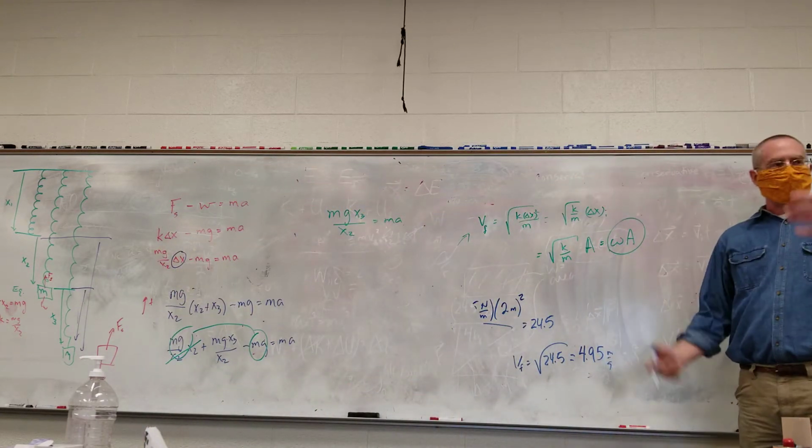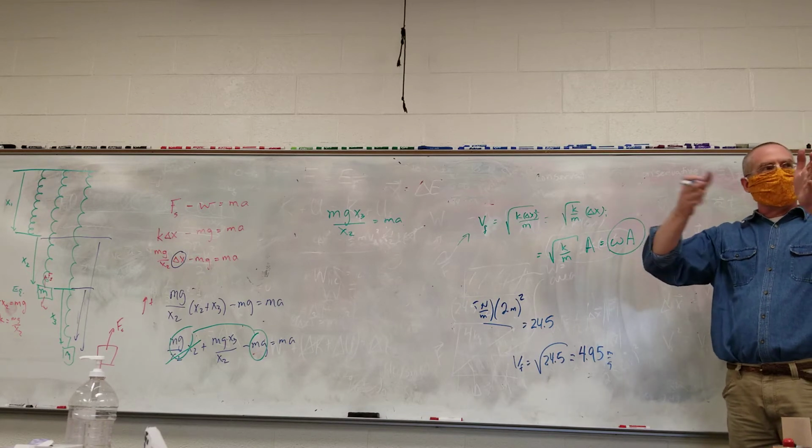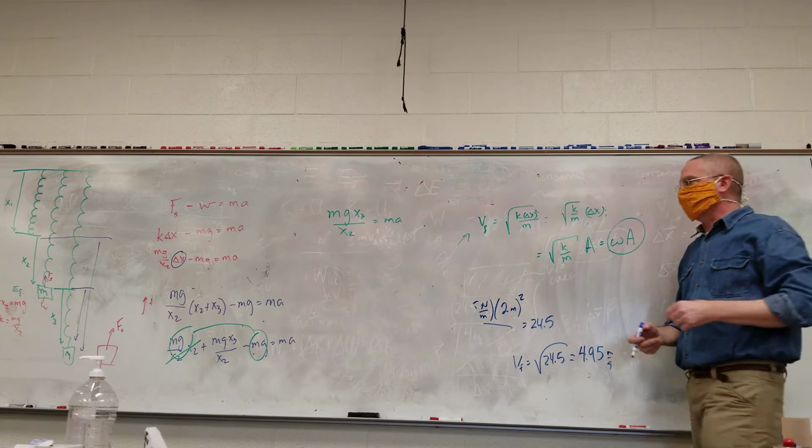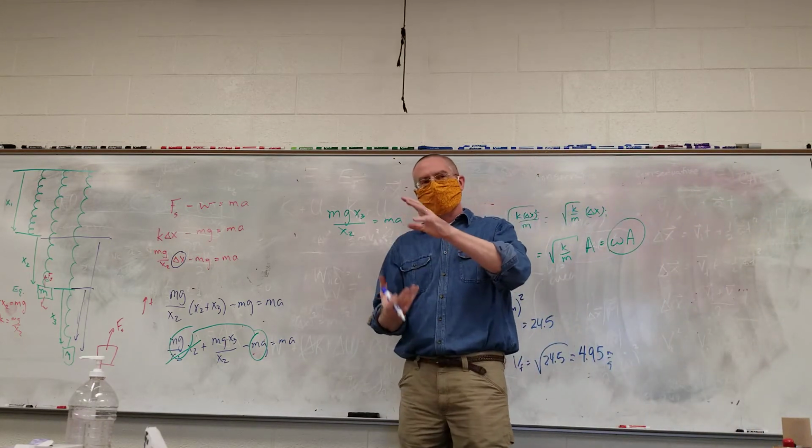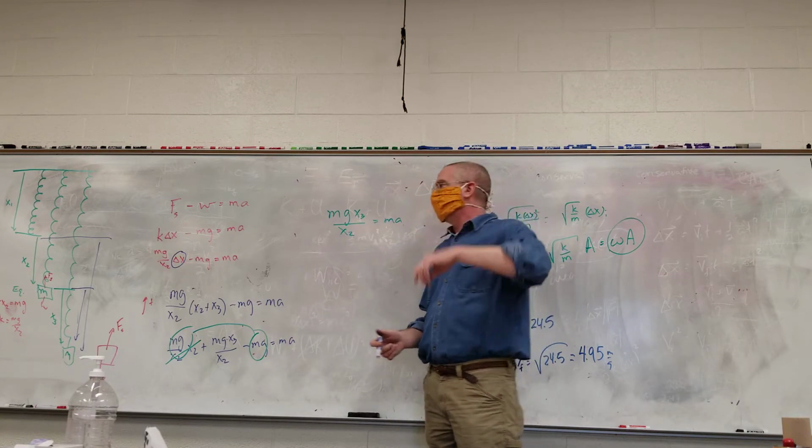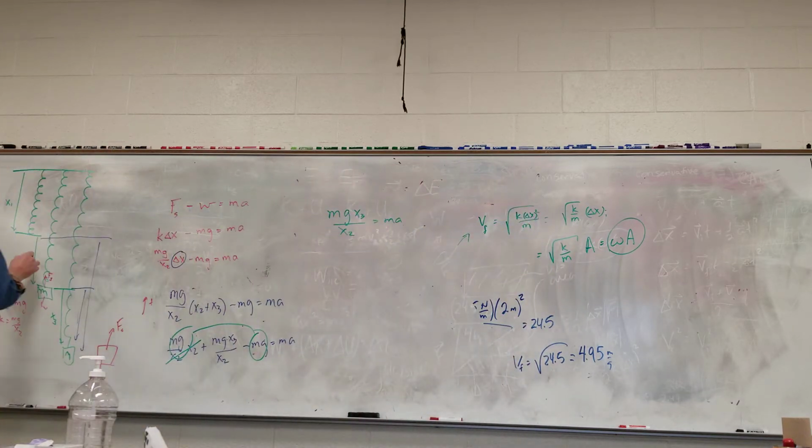It basically is the same problem as the horizontal spring oscillating back and forth. It's just now vertical. The question is how far you consider the stretch. Because this x2 has the weight built into it, if we're bringing weight in here, we have to take that into account.